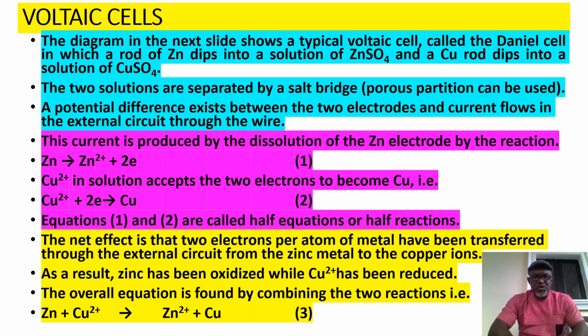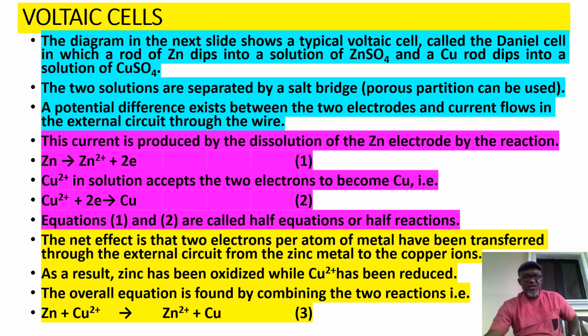This current is produced by dissolution of zinc. Look at the exact thing that happens. Zinc metal would be oxidized to Zn2+, and 2 electrons will be given off in equation 1. Now copper ions in solution, Cu2+, will accept these 2 electrons and be reduced to Cu metal. That is equation 2.